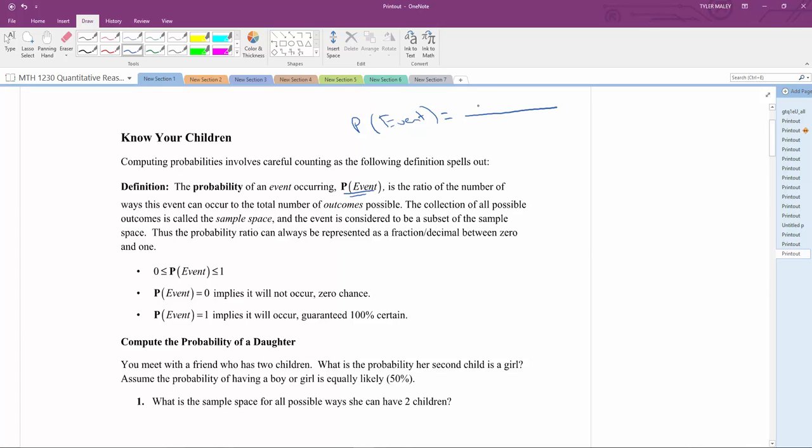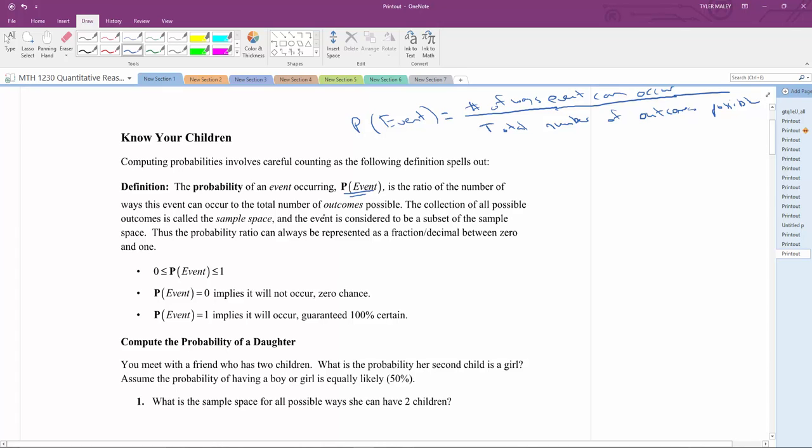So it's a ratio between the number of ways the event can occur compared to the total number of outcomes possible, right? So that's what that's saying here.